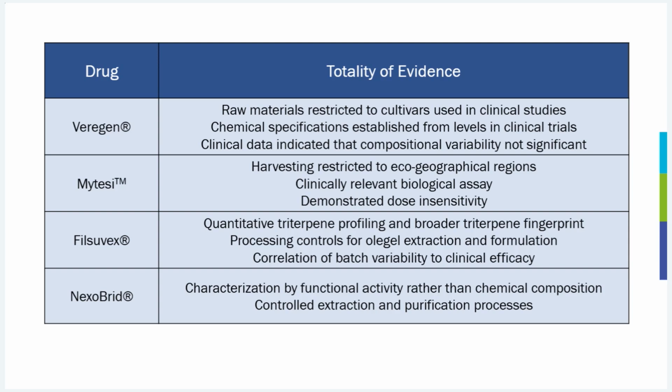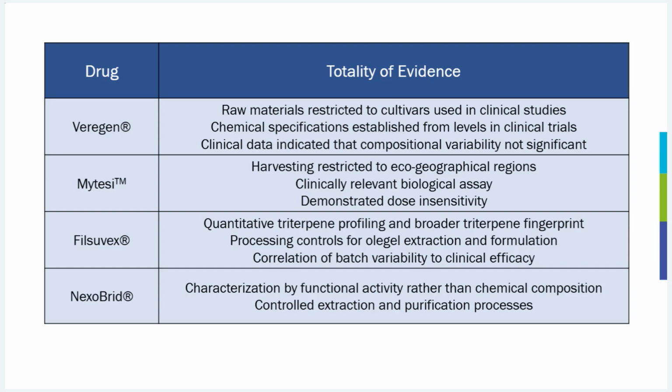So it's a regulatory strategy. You need to look at the risk because there's risk of going into a clinical study with product that has some variability and demonstrating that it's not efficacious. But that's good information to have. But hopefully you can show that with your botanical drug, batch variability doesn't have a huge impact to your therapeutic efficacy.